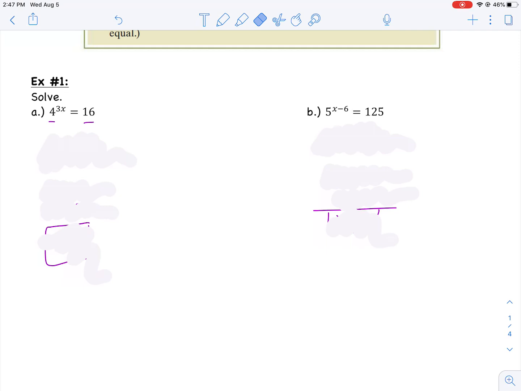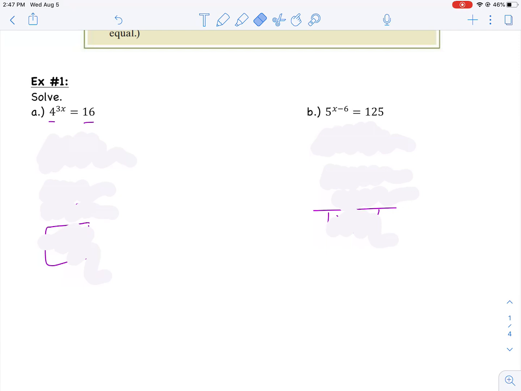Now we've got to be careful here. We don't want to change the value of my problem. We want to keep it the same value. So what we need to do is figure out what we can change our bases to that'll be the same amount without changing the actual value of the problem. Well, I noticed that 16 could be changed into a base of 4, couldn't we?